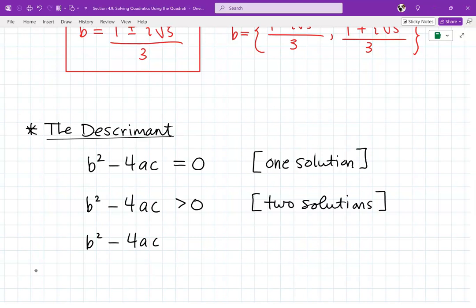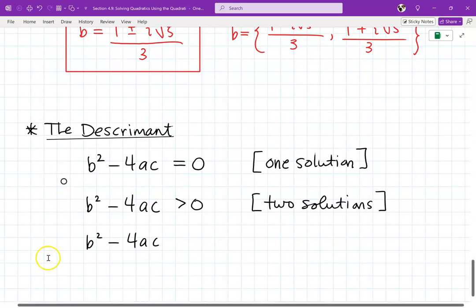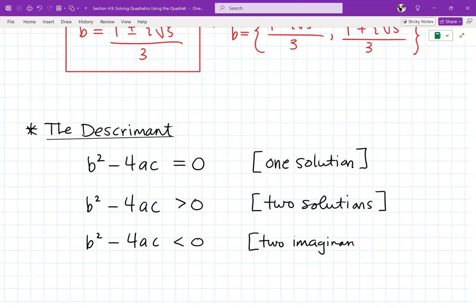And if it's less than 0, you get no real solutions. So if it's less than 0, you can get 2 imaginary solutions.